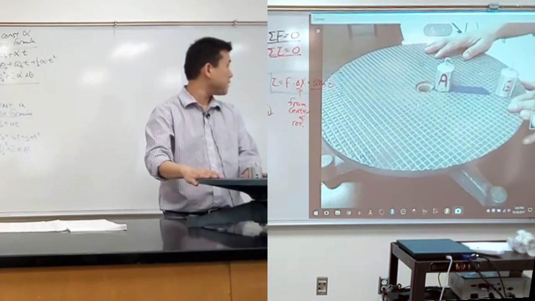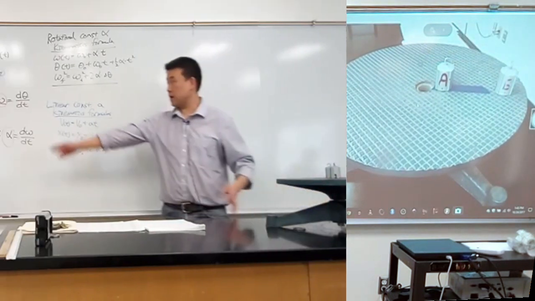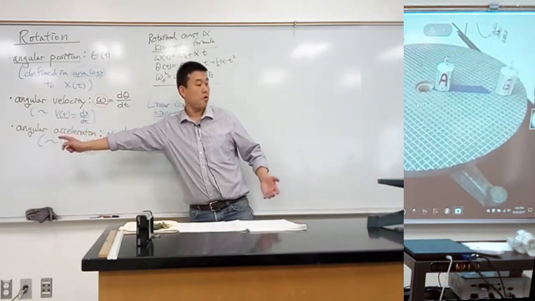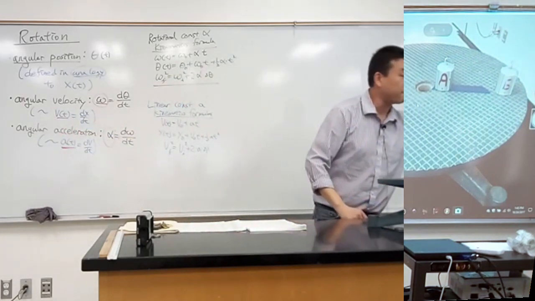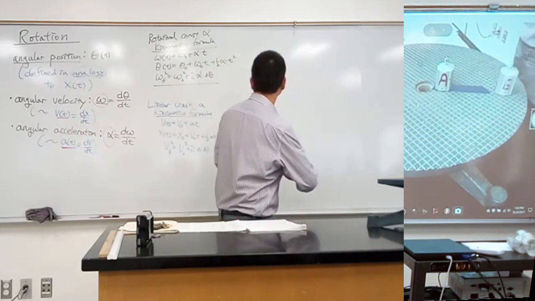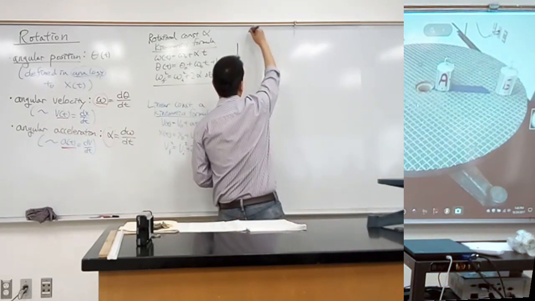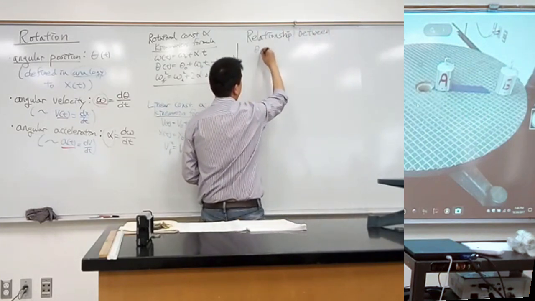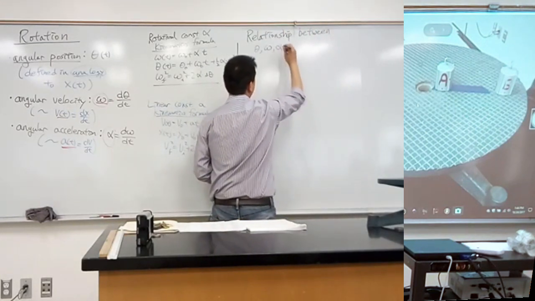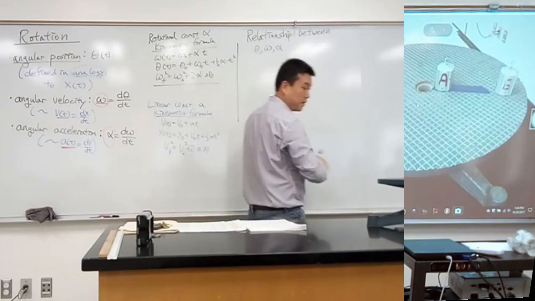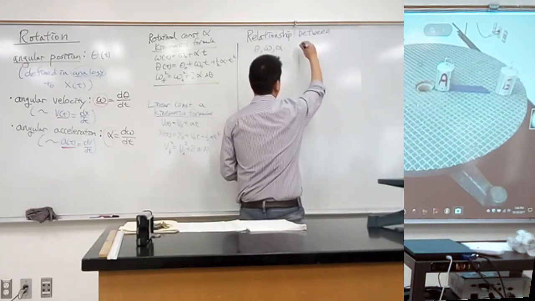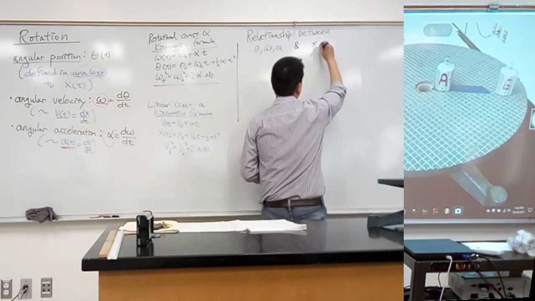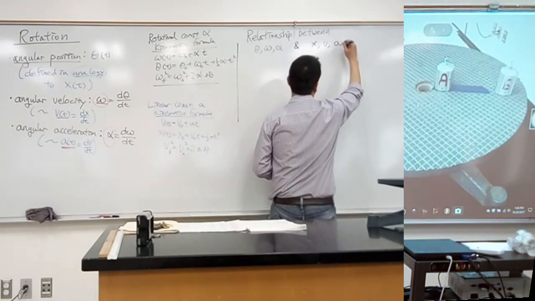So when you look at this, you can talk about the angular velocity, but sometimes you will want to talk about the velocity. So you should know how they are related. So let me call it this way: relationship between the rotational quantities, angle, angular velocity, angular acceleration, and the translational quantities, linear motion, position, velocity, and acceleration.